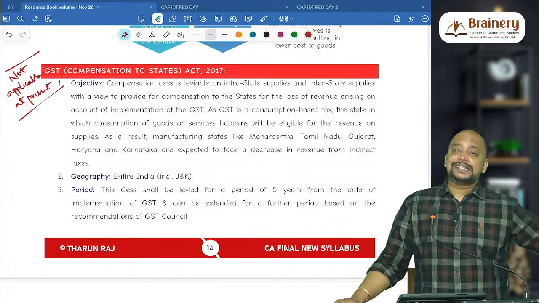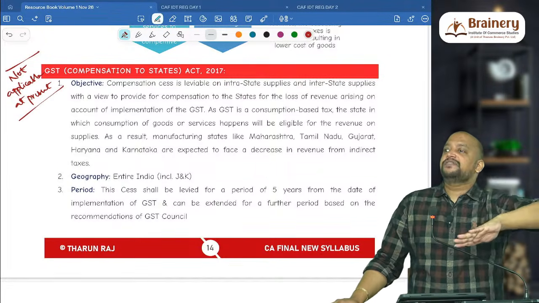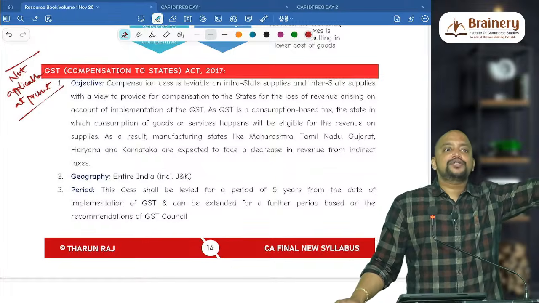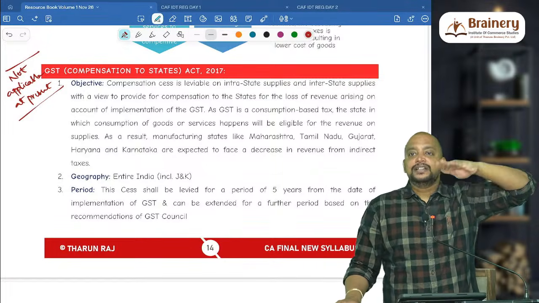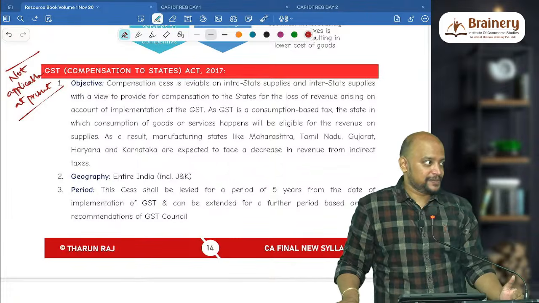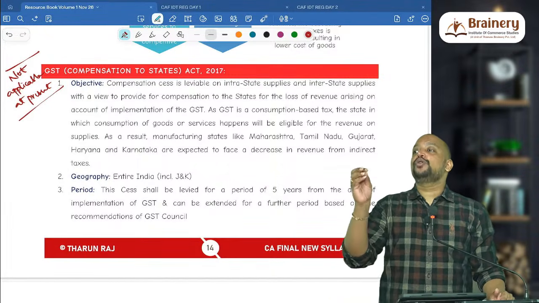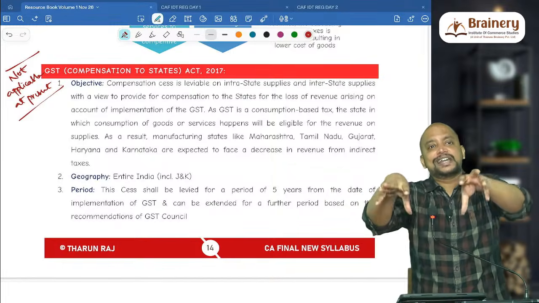To compensate those states, they brought in GST compensation cess. Actually, GST compensation cess was to be only for a period of 5 years. So 2017 onwards, 5 years already over. But because of COVID, which is out of syllabus, they extended it till 31st March 2026, and this GST compensation cess is applicable on some notified goods, not only in those states where the sale happens.